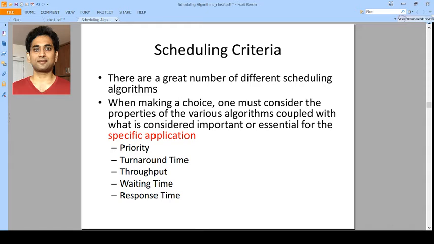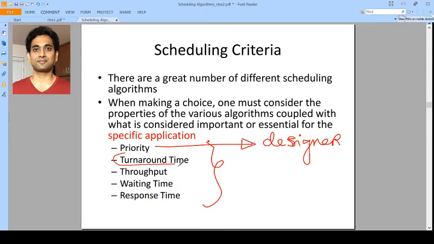Now, as I mentioned earlier, there can be a variety of scheduling criteria. Scheduling criteria can be user defined, based on a designer defined priority, or based on certain definitions of turnaround time, throughput, waiting time, and response time.